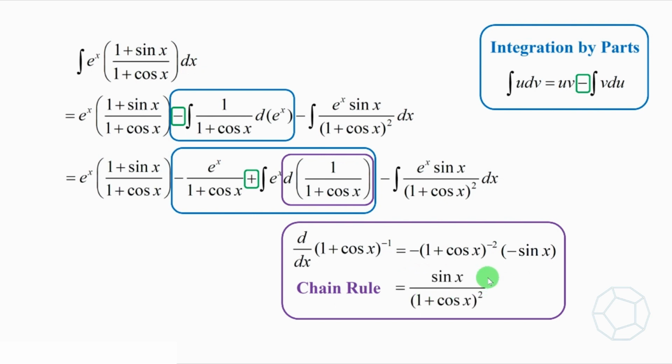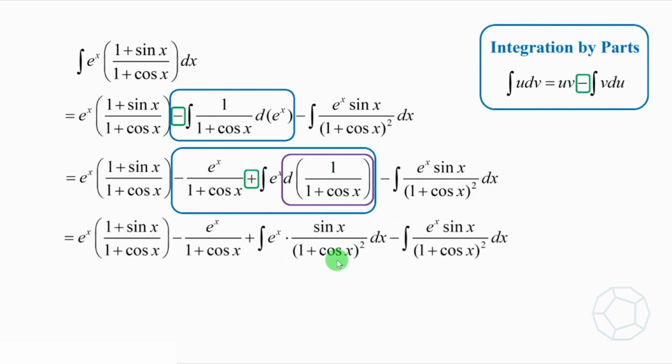This is equal to sine x over 1 plus cosine x whole square. Do you recognize something special? We put the differential into the integral like this. Great! It's so fortunate that these two integrals are exactly the same, but they have different signs, so we can cancel them out.